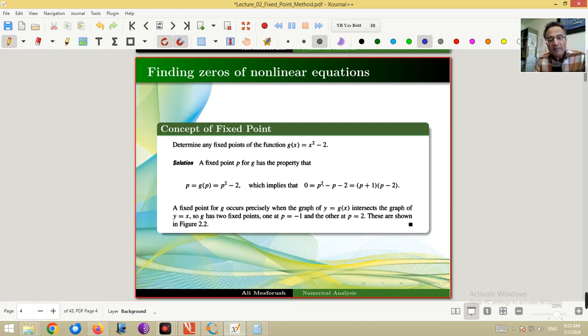So we will have an equation like p squared minus p minus 2, which we write in the form p plus 1 times p minus 2, and if we set this equal to 0, we get p equal to minus 1 and p equal to 2. So we have two fixed points for this function.